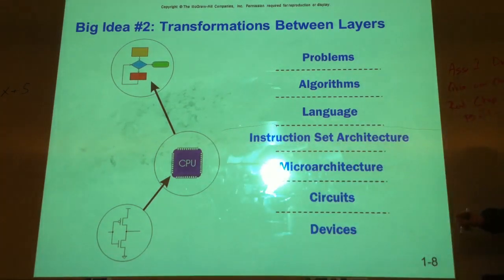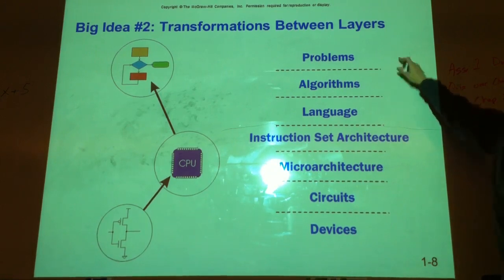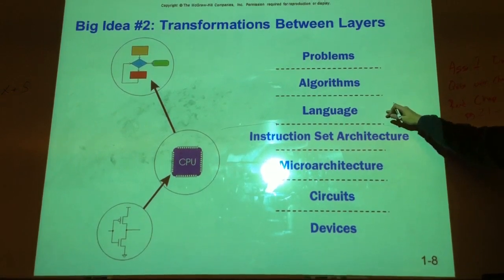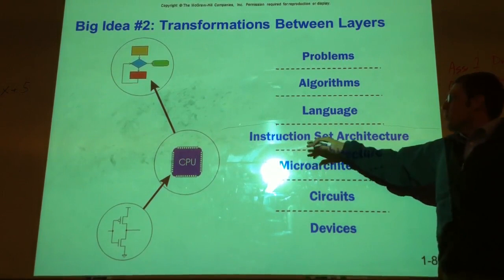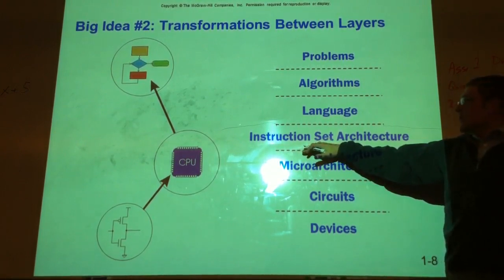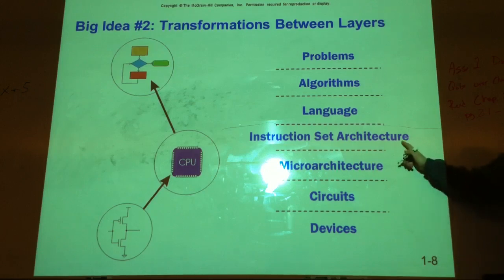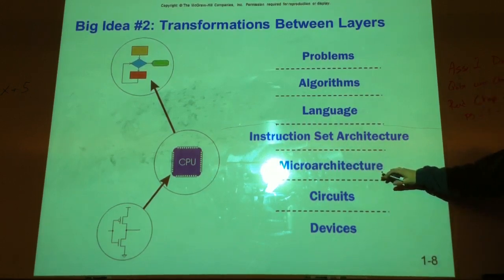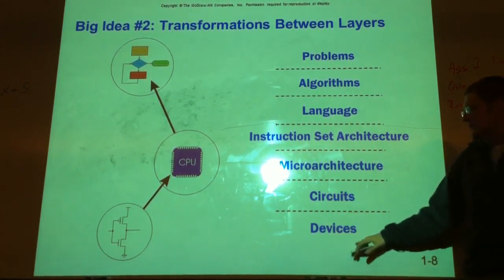this is where you've been in 1400 and 1410. You've been up above here. Basically, we've given you the problem, probably given you the algorithm, and we've given you the language, right? Basically, we're all working on Intel or IBM ISA, instruction set architecture, Pentium, AMD processors, and then of course how they build and design that.